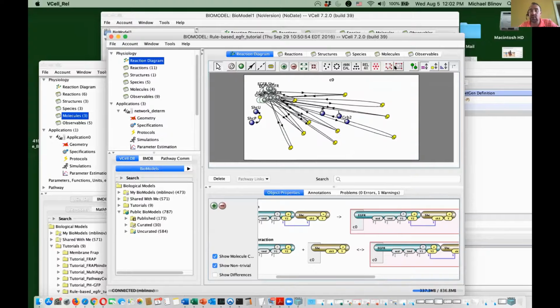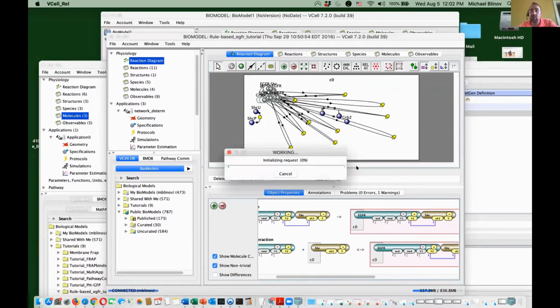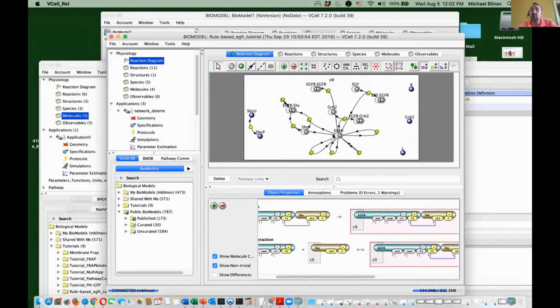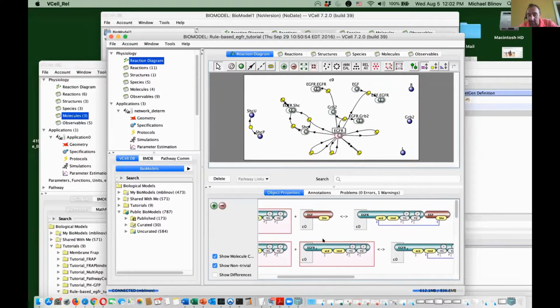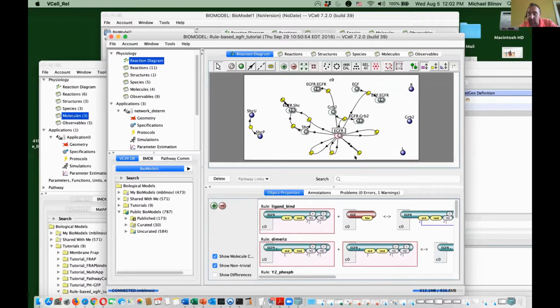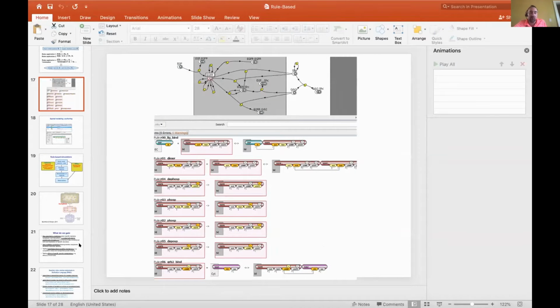You also can switch to the so-called molecular configuration name. In this case, you see the EGFR molecule, and you can see all the rules where this molecule participates. So you can explore your set of rules and resultant network in many convenient ways. So I think that I will stop here.